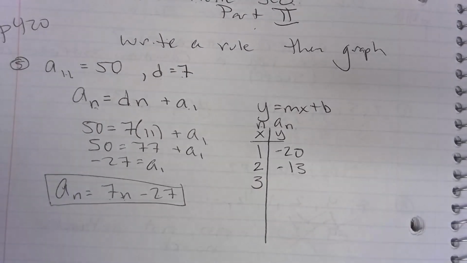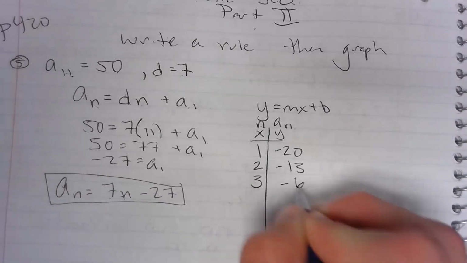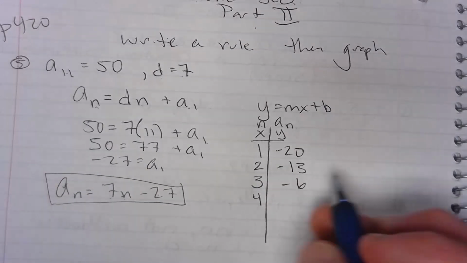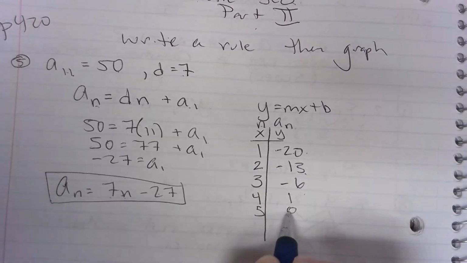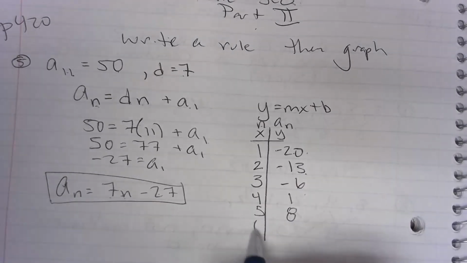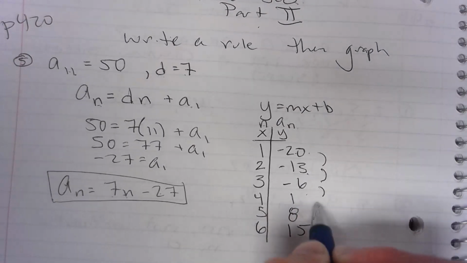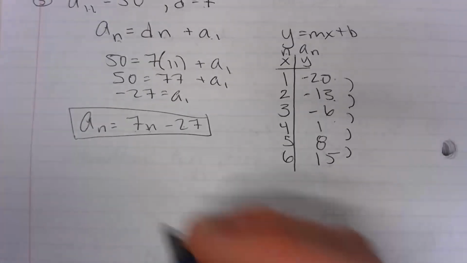When n is 3, negative 6, then 1, 8, and 15. I wonder if you're noticing a pattern. What's the common difference?